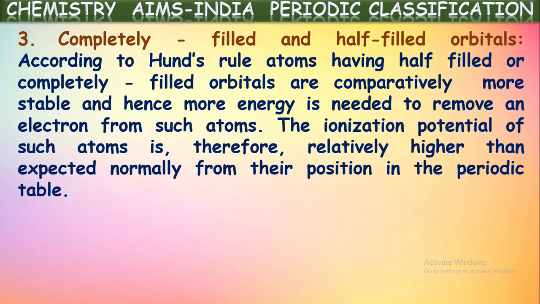One more factor: completely filled and half filled orbitals, or completely filled or half filled electronic configurations. According to Hund's rule, atoms having half filled or completely filled orbitals in their outermost shells attain some extra stability and hence more energy is needed to remove an electron from their outermost orbits.